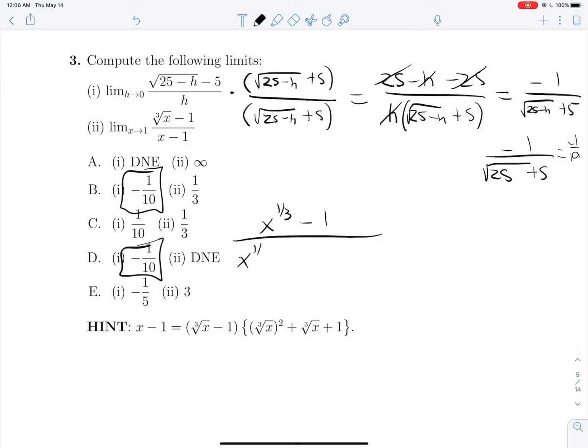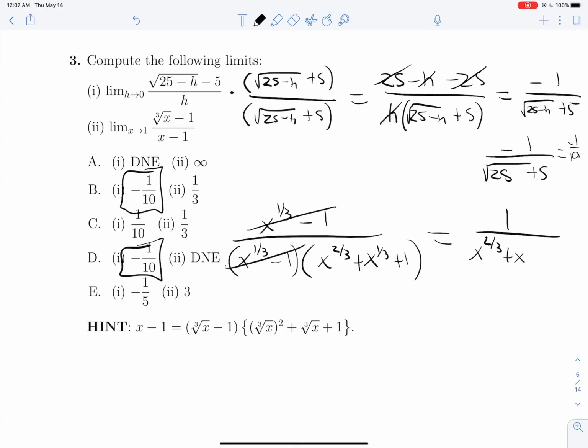So x to the 1/3 minus 1 multiplied by x to the 2/3 plus x to the 1/3 plus 1. Now, this term and this term will cancel, and we're just left with 1 over x to the 2/3 plus x to the 1/3 plus 1. As x approaches 1, what will this thing approach? Well, yet again, we can directly evaluate that. When x is equal to 1, we get 1/3. So B is our correct answer for 3.